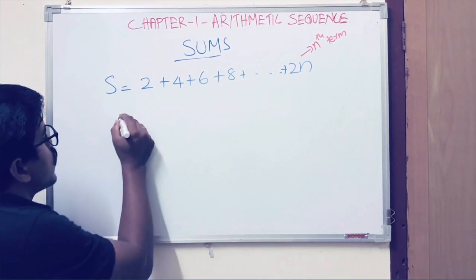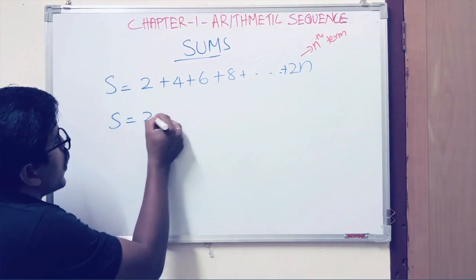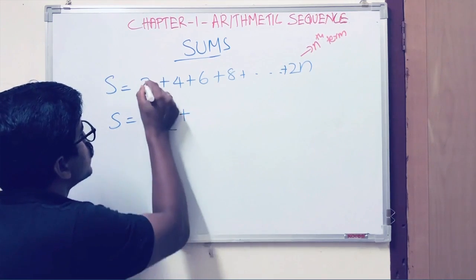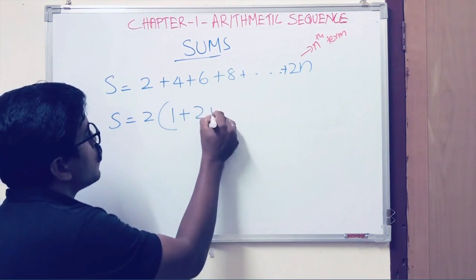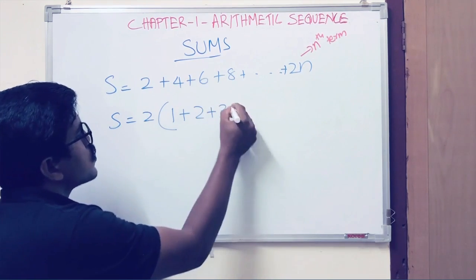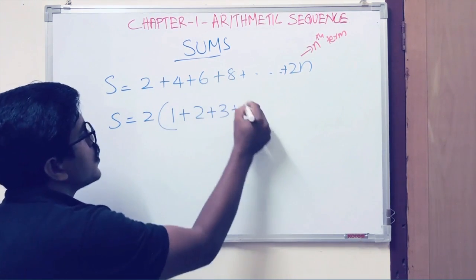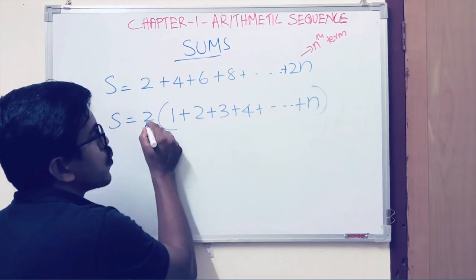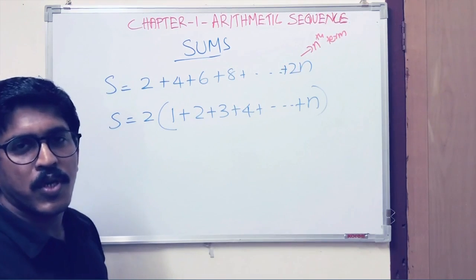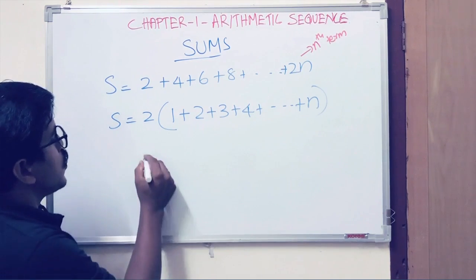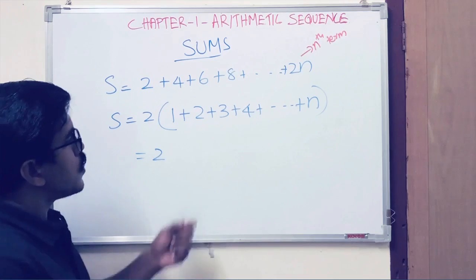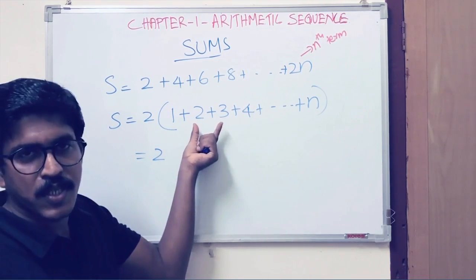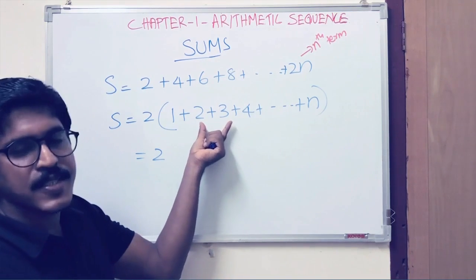So we can just take the 2 outside. Then here 1, plus 1 into 2, 2 into 2 is 4, 3 into 2 is 6, 4 into 2 is 8, plus etc., plus n into 2, or 2 into n, that is equal to 2n. Here you can see this is the sum of n terms of natural numbers, which we already discussed.